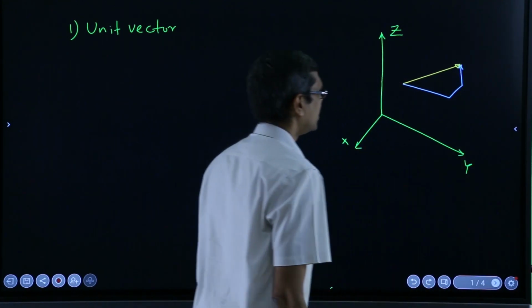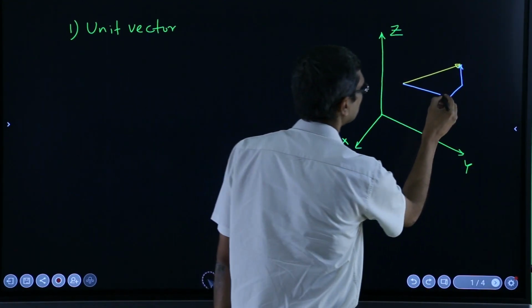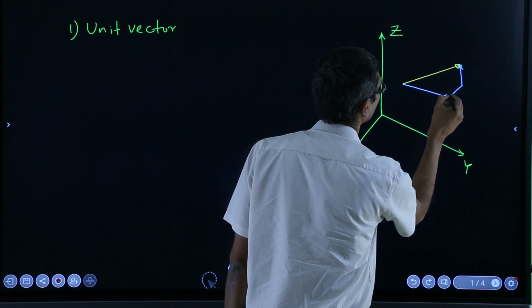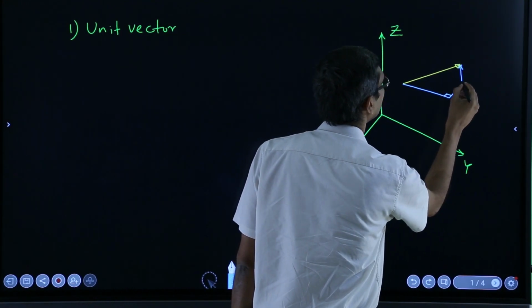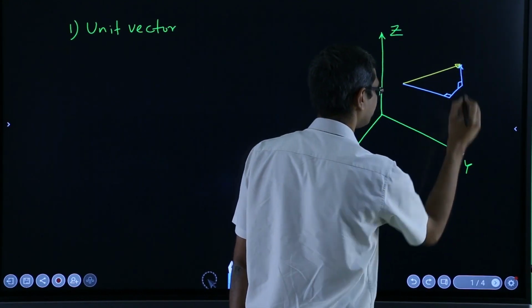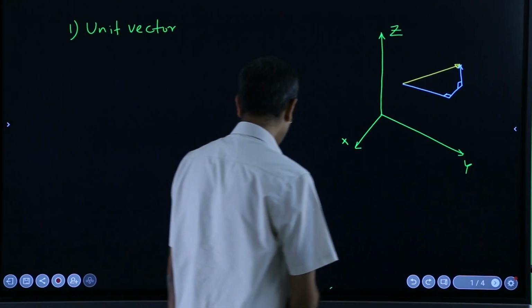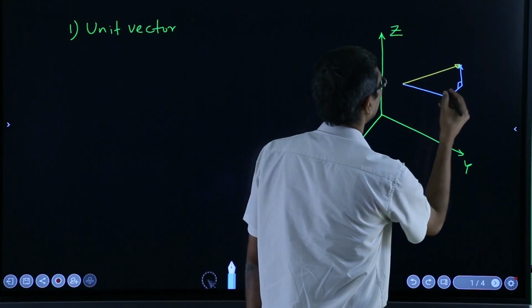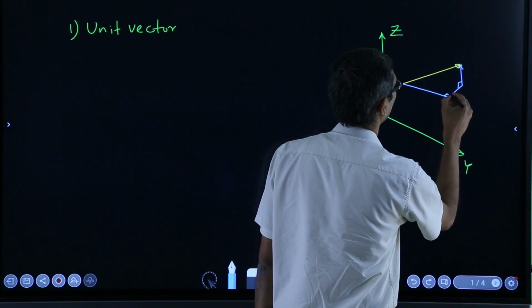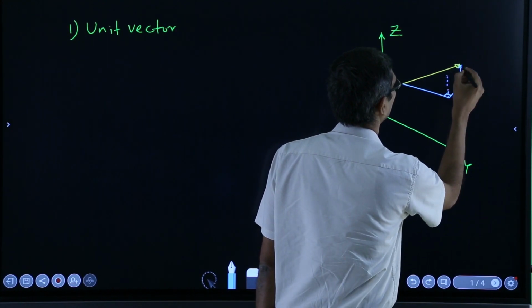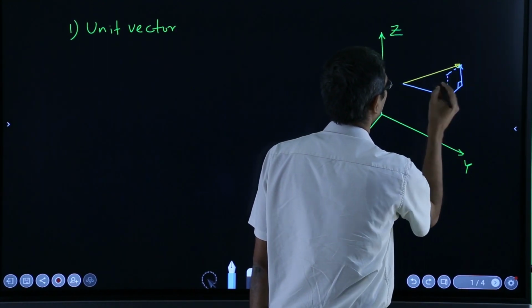So, that means you are moving. This is a 90 degree, this is a 90 degree, and generally in the book if you see it will be shown like a complete cuboid like that.